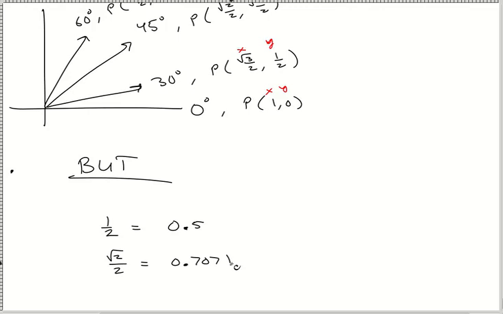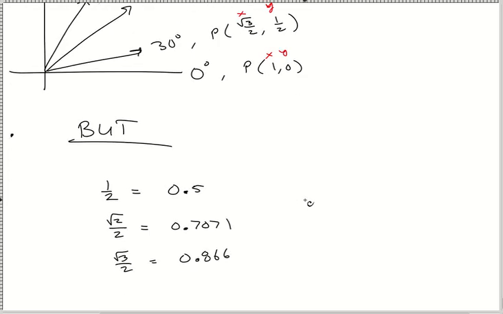Here, let me just verify myself. I have these memorized. It's always good to make sure that we do it right. And then I've got square root 3 over 2, which is 0.866. Again, let me just verify that. What I've done is I've memorized these.